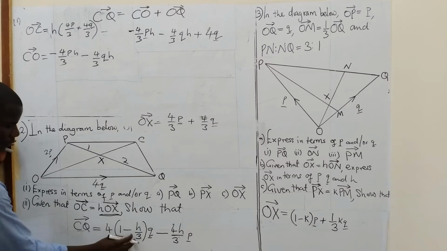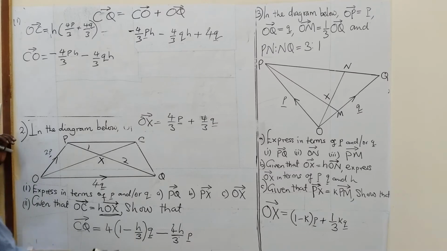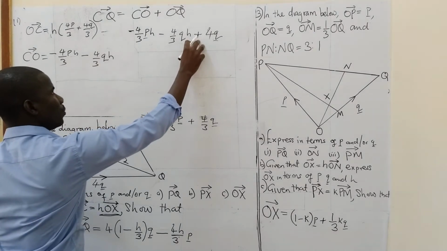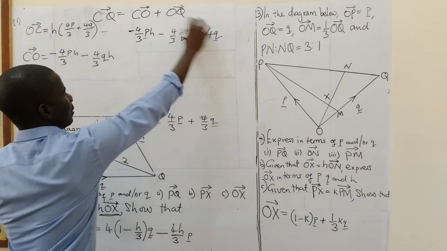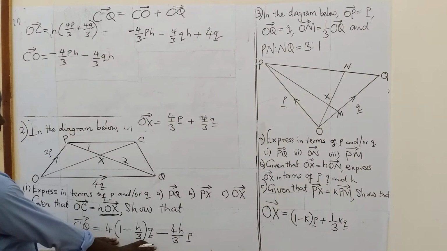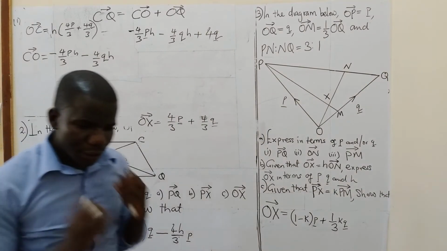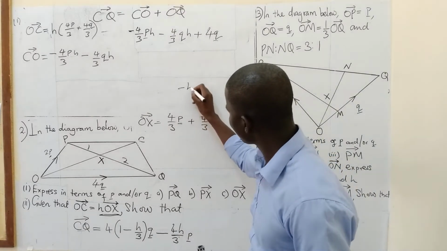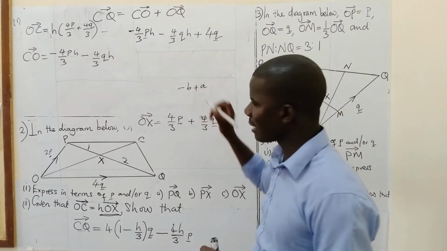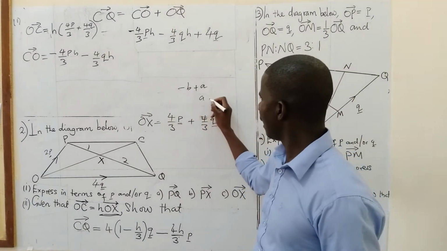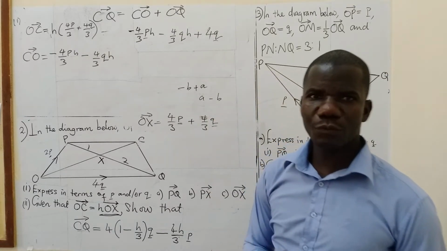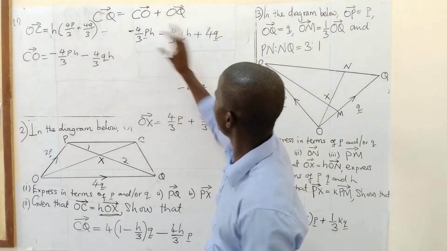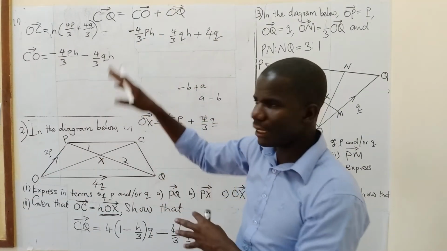If you consider where we have come from, what have we been doing? We've been saying A minus B. So even in this case, we need to rewrite it.